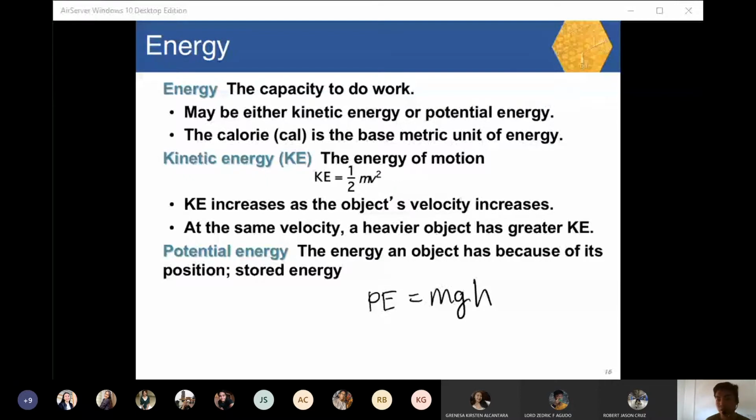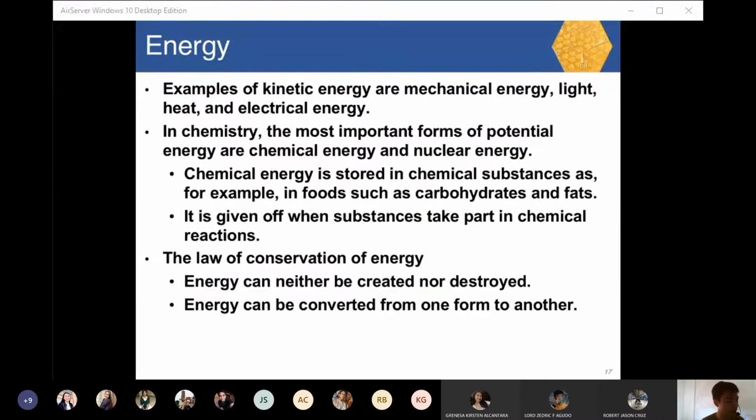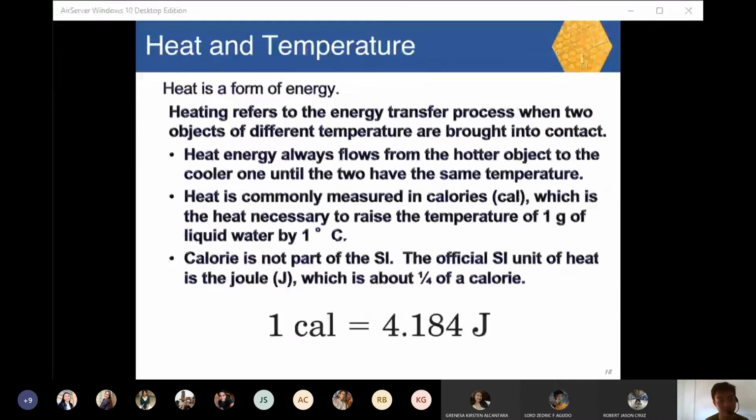But in chemistry, we are not really concerned with kinetic and potential energy. More on physics kasi to. What we are concerned with is the other type of energy which we call the heat. So heat is a form of energy that we are concerned with in chemistry.